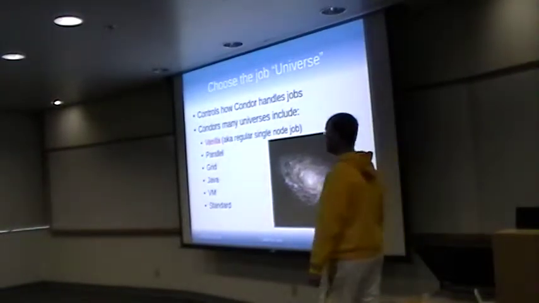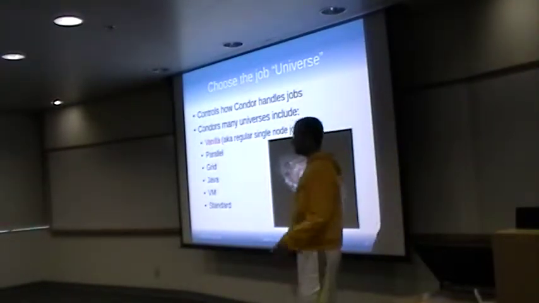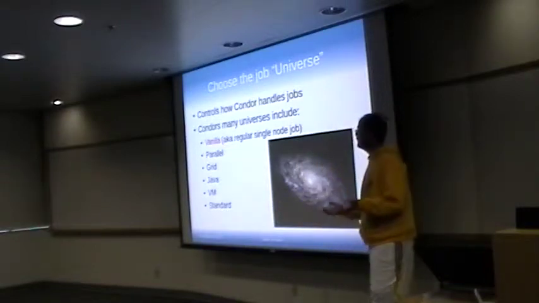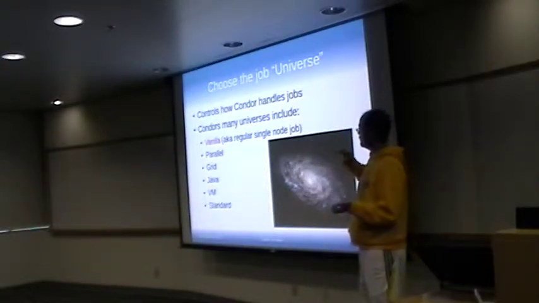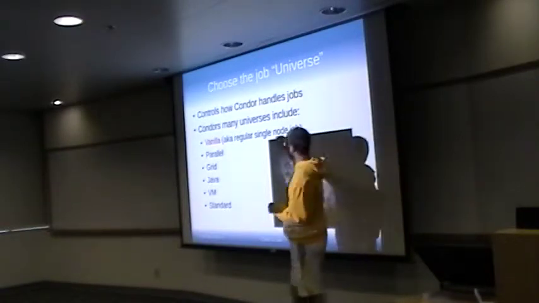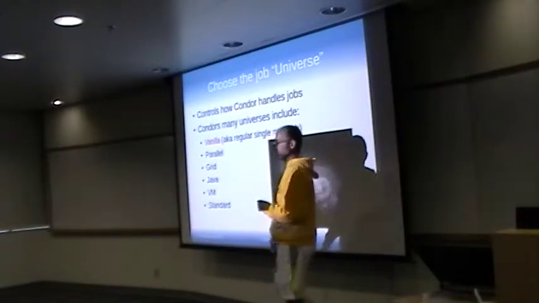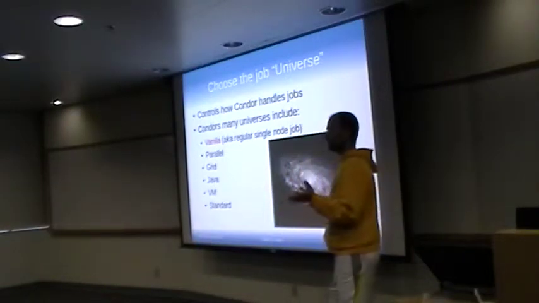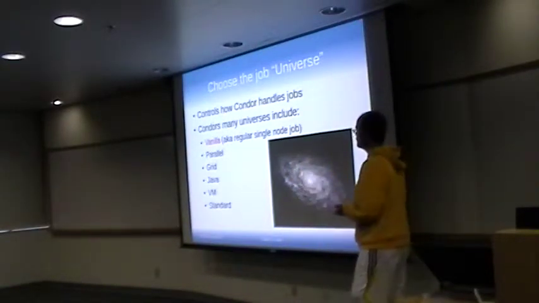So, what is this universe? It essentially controls how Condor handles jobs. And Condor has many types of universes. As I said, what we will really talk about is the vanilla universe, which means essentially a single node, single process job.